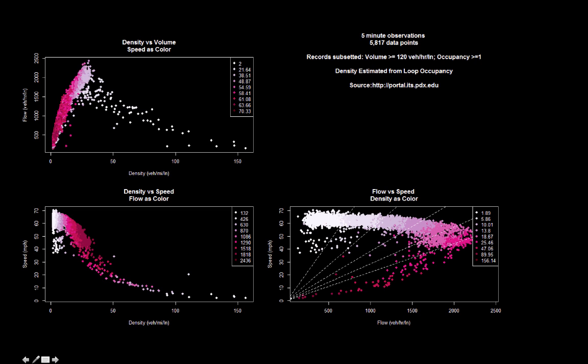This is the speed density diagram, which I modeled earlier as a straight line. And then this is the last one, the flow speed diagram that showed the parabola going horizontally. So this shows that real data approximates the theory, and we'll talk more about some of the pros and cons there.